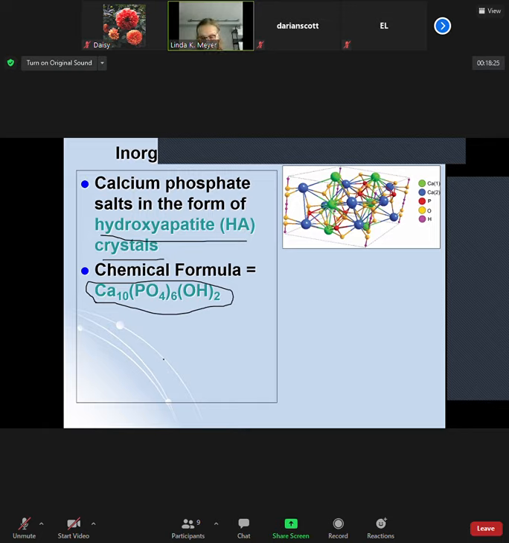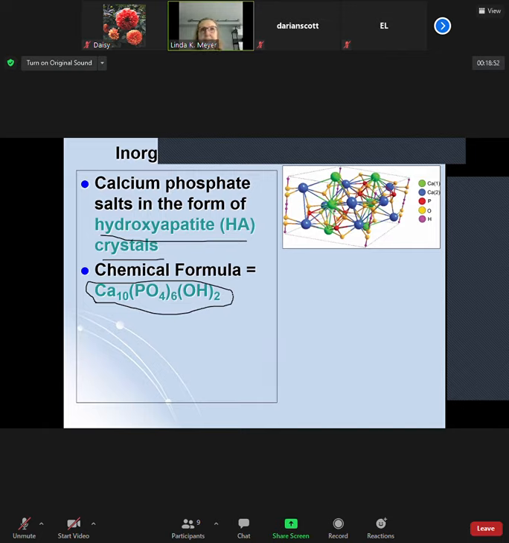Okay. So we have an organic matrix in both bone and cementum. In bone, it's called osteoid, and in cementum, it's called cementoid. And mineral crystals actually form in this organic matrix, which results in a mineralized tissue, bone and cementum, respectively.